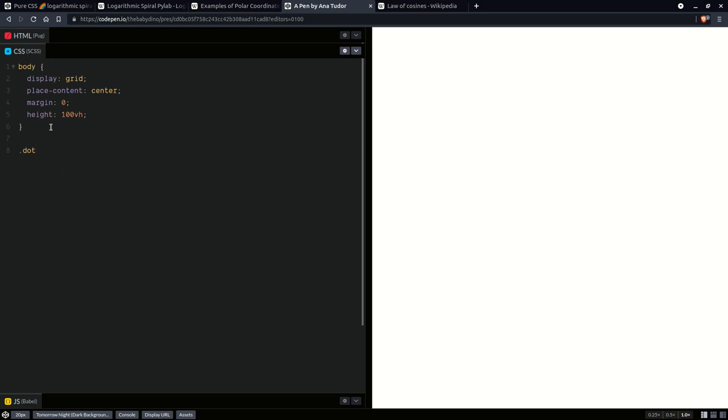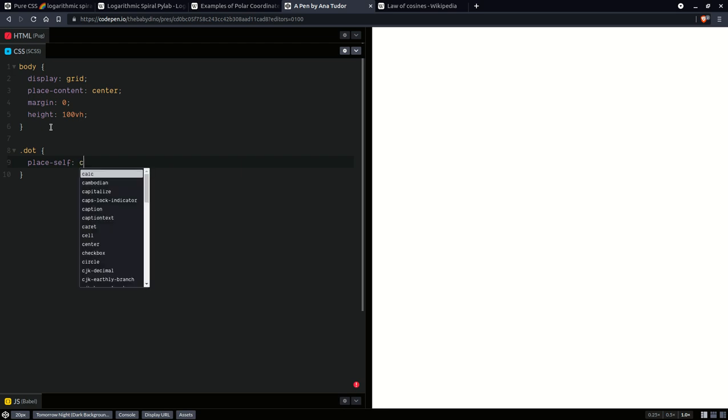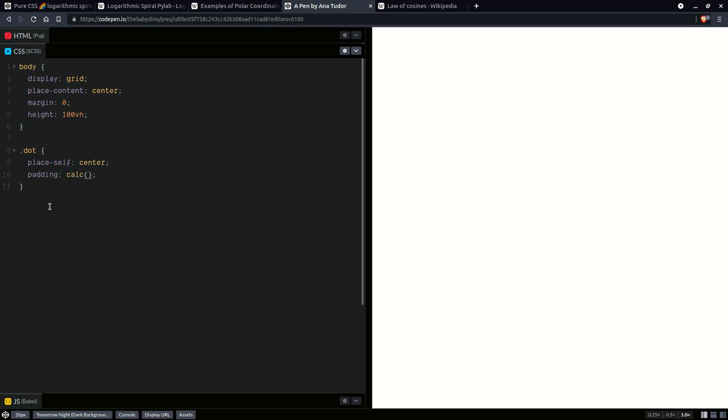Now for our dot elements, we are going to have place-self center, and its padding is going to be calc, and it's going to be that first dot radius, the initial one, times the factor.